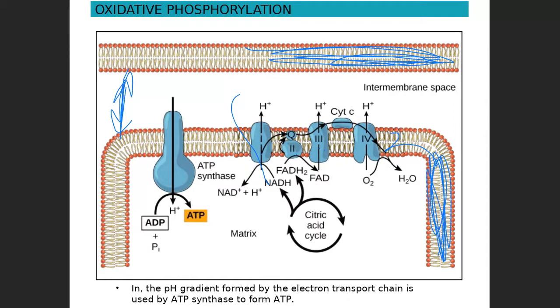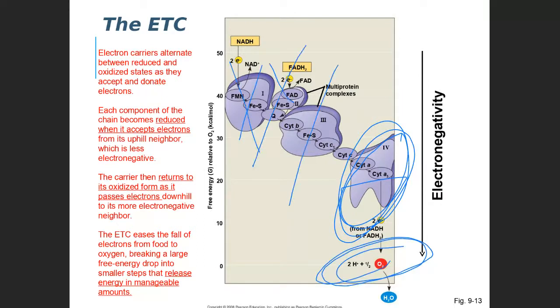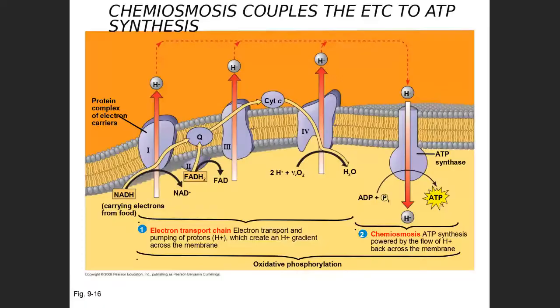And the oxygen, because I am going to reduce oxygen into water, has affinity to accept electrons only from complex 4. The oxygen will not accept electrons from here, not from here, not from him, only from complex 4. It's just the way it is, guys.